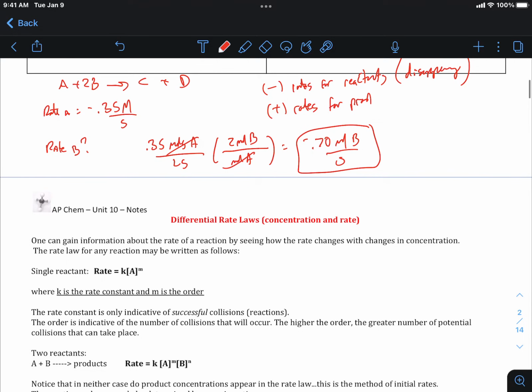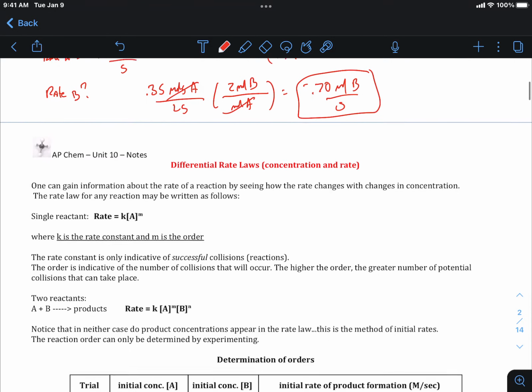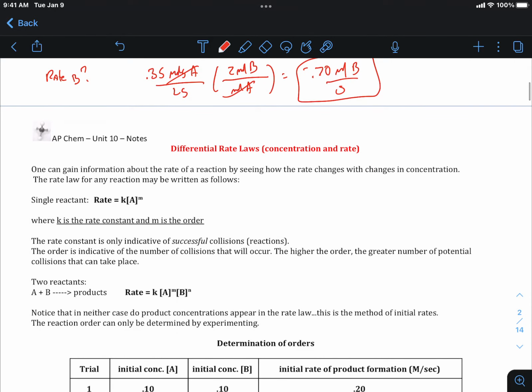So let's talk about the differential rate laws. Differential rate laws are laws that relate both the concentration and the rate. So the first thing we need, or here, we'll just go over the generals first. This is the general formula. The general form for a rate law looks like this.